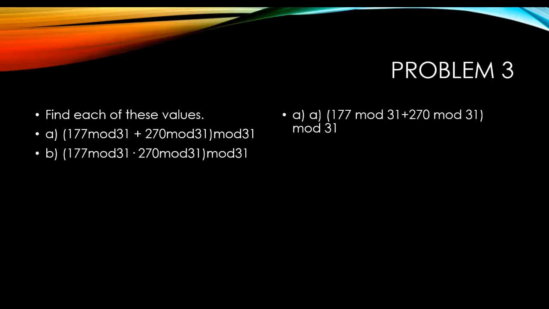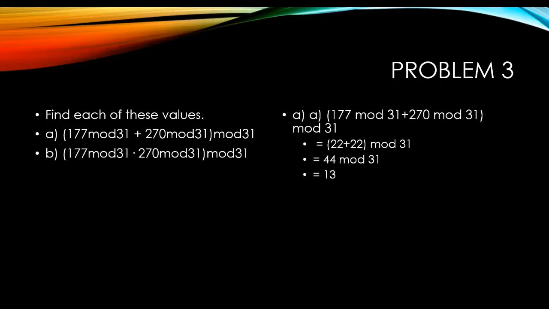For letter A, we're going to evaluate first 177 mod 31. What is the remainder? And same with the second. The remainder for the first is 22, and for the second is also 22. Then add them, then apply mod 31. The result is 13.